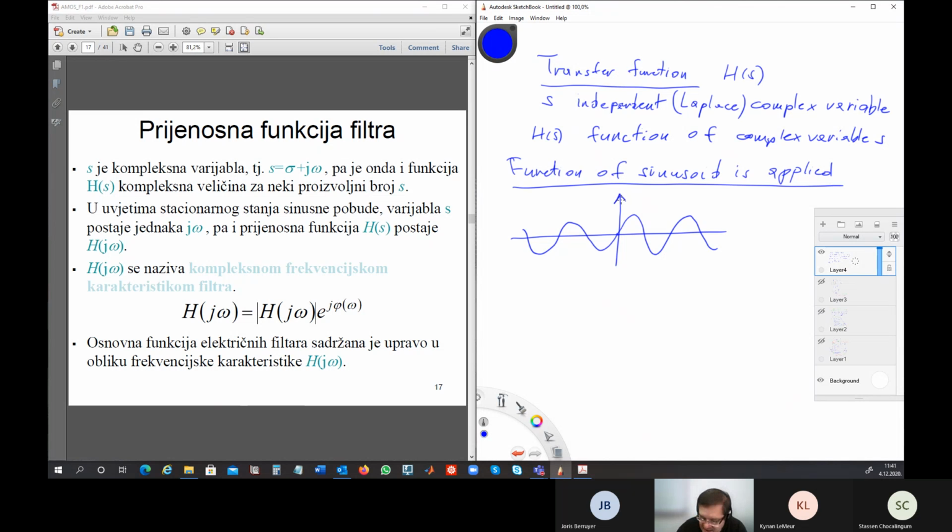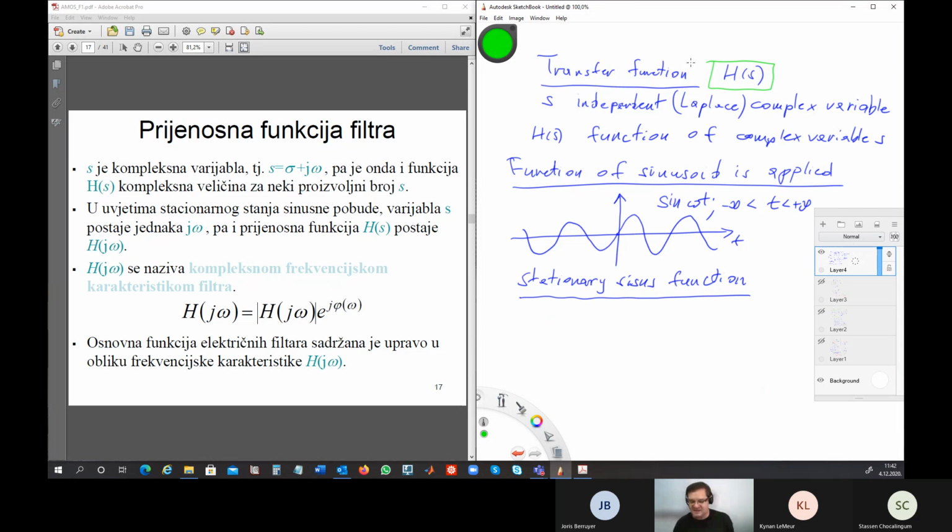This is called the stationary sinus function. It is named sin omega t, and here is the time. And time goes from minus infinity to plus infinity. So this is our function, which is called the stationary sinus function. And this function is applied to our transfer function to see how the system behaves.